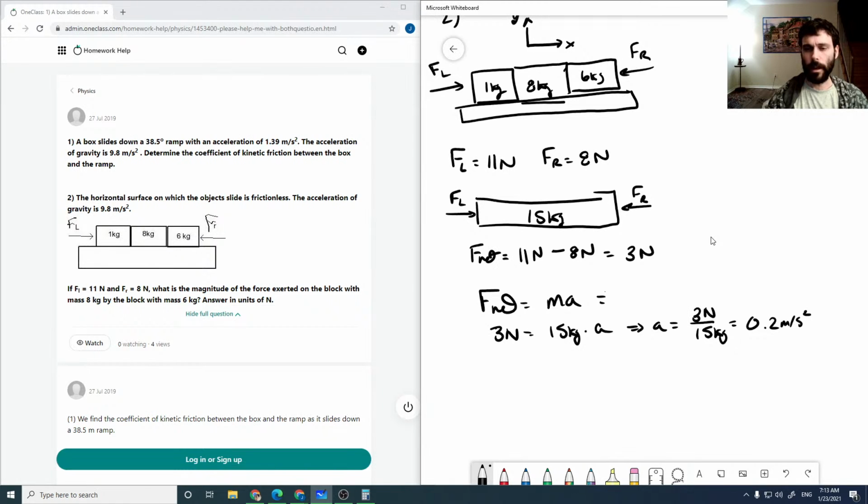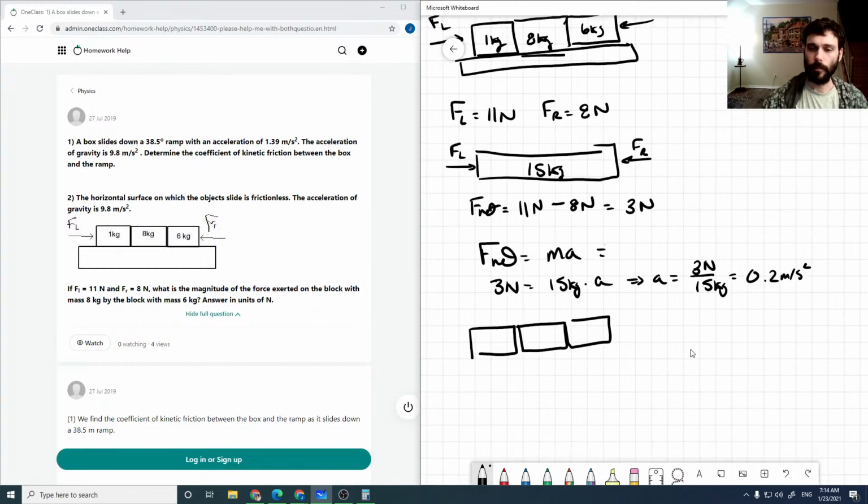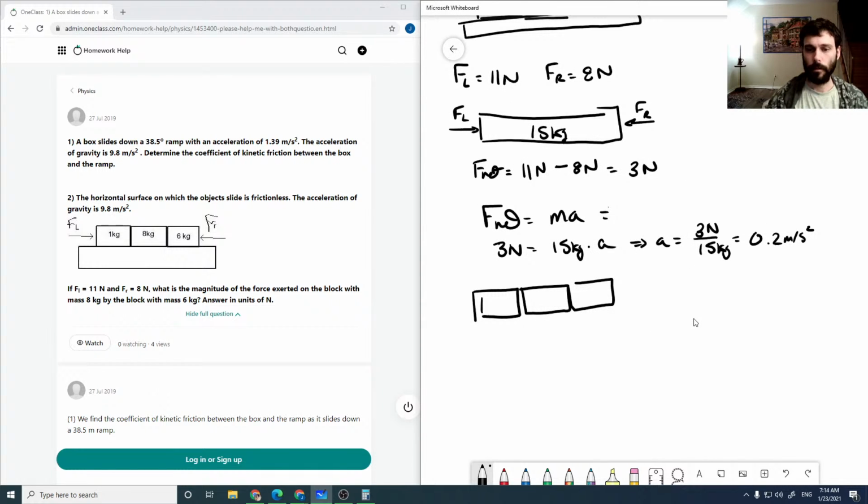So we can get all of our net forces now on our individual blocks, as they're all traveling with this same acceleration. We can get our nets: F net for our 1 kilogram block is equal to 1 kg times 0.2 meters per second squared, which comes out to be 0.2 newtons.